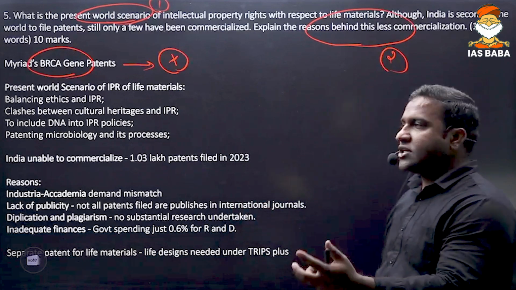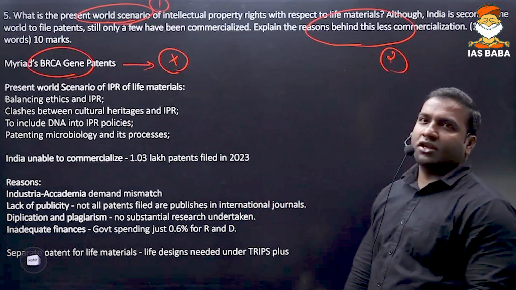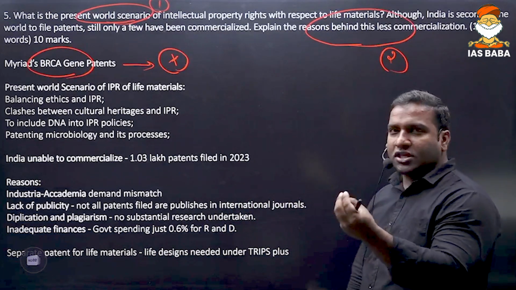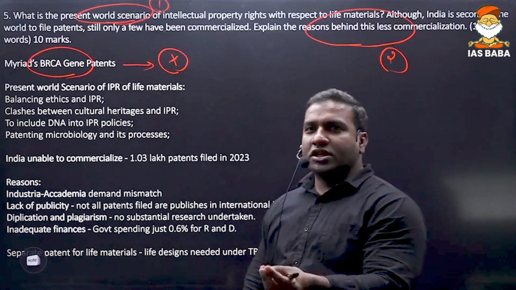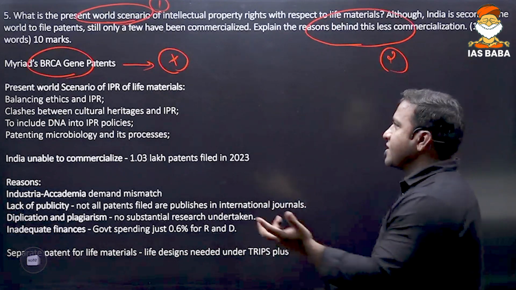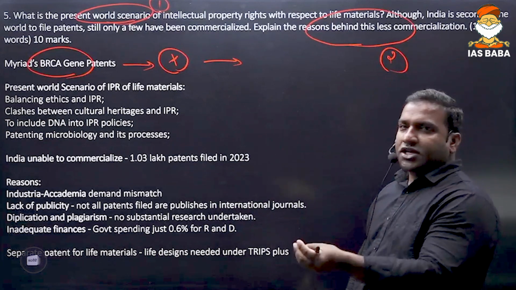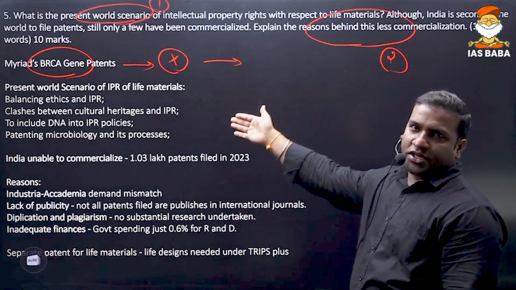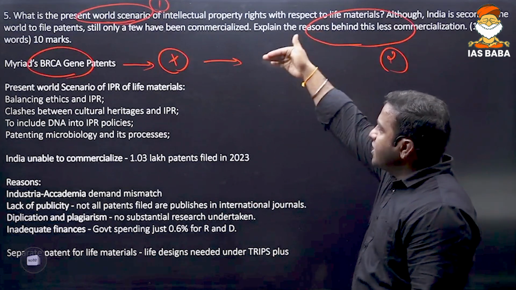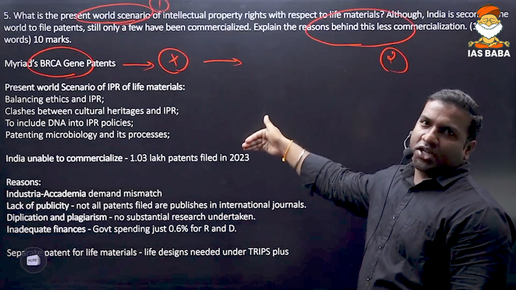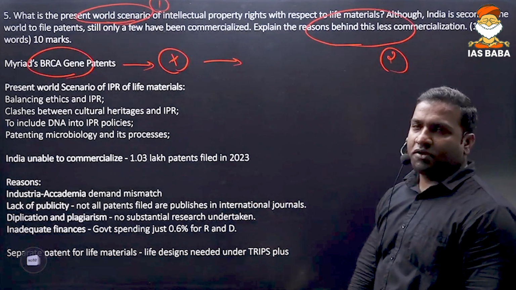So whether we should patent a life material, a biological organ, or say a part of an organ, that is the question. So in the context of BRCA gene patenting, the debate on the intellectual property of life materials comes into the picture. That would be our introduction.